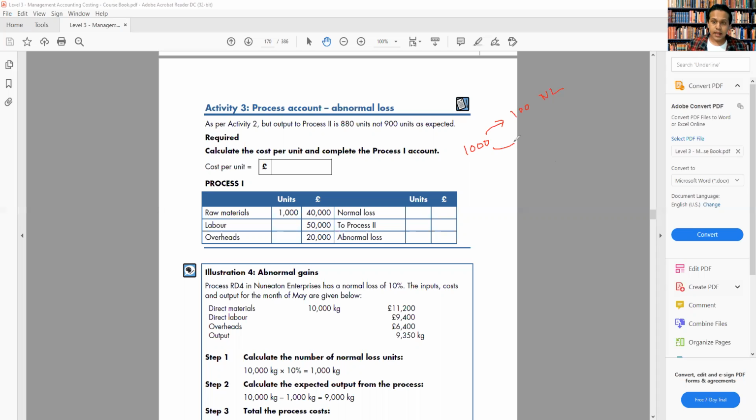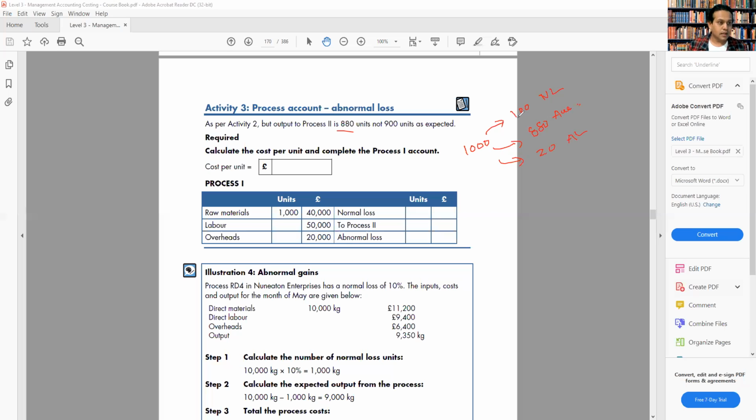Then the actual output, the question said, is 880 units. So how many units are unexpected? The 20 units, isn't it? That's the abnormal loss. Normal is 100, output is 880, so 20 is missing. So 20 is the unexpected loss, that is abnormal loss.